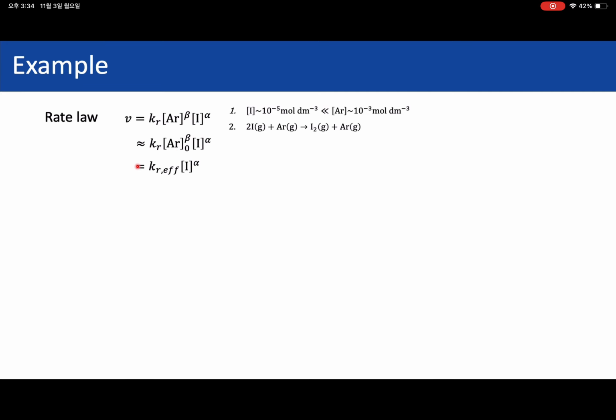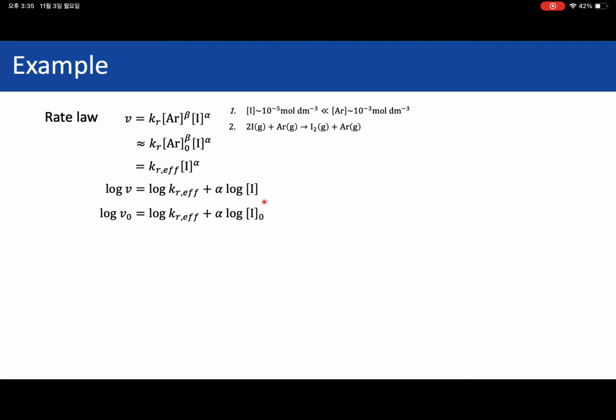So now we can rewrite it as k effective, the effective rate constant, multiplied by the iodine concentration to the power of alpha. Then if we take the log, the log of the reaction rate equals the log of the effective rate constant plus alpha log I.